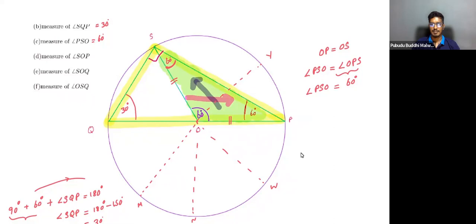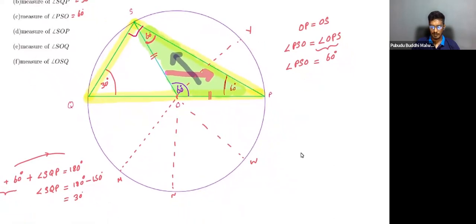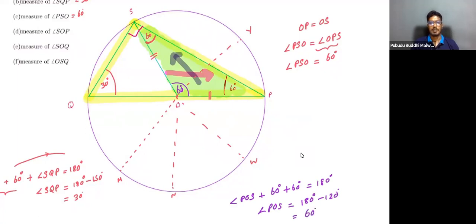That's a bit strange, actually. So can you understand that? POS plus 60 plus 60 equals 180. From that, POS equals 180 minus 120, that's 60. Then that is POS.